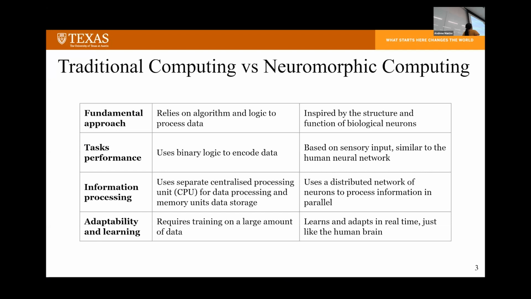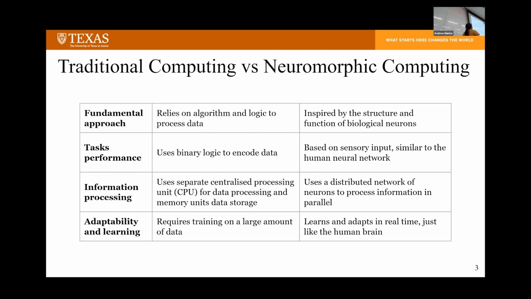Some key differences between traditional computing and neuromorphic computing, I outlined here. The key thing is the processing and adaptability that neuromorphic computing has compared to traditional computing. Traditional computers process information separately for data processing and data storage.